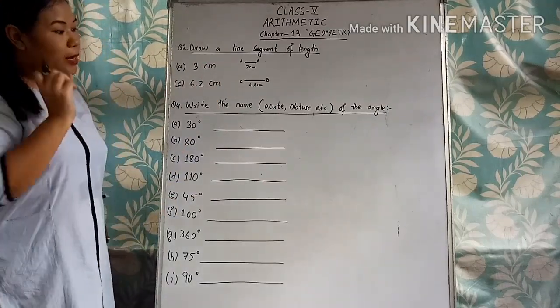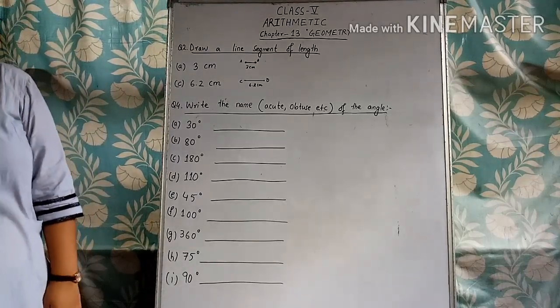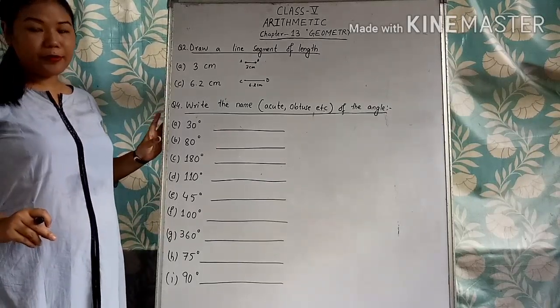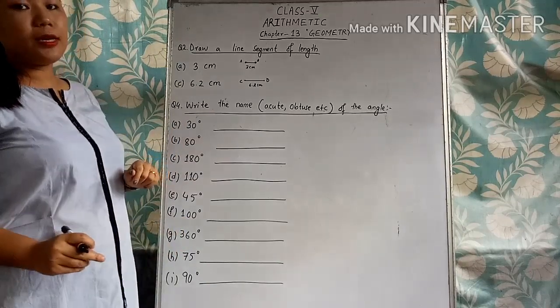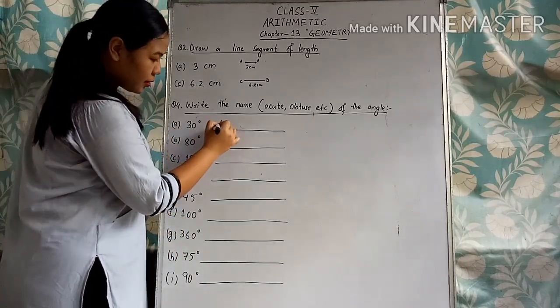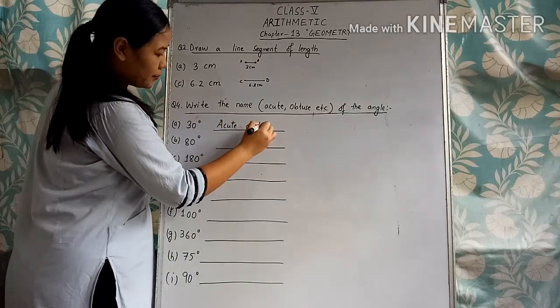Next is write the name, acute or obtuse, of the angle. Now here angles are given, so you have to write what type of angles they are. Now 30 degree. 30 degree is lesser than 90 degree, so it is an acute angle.